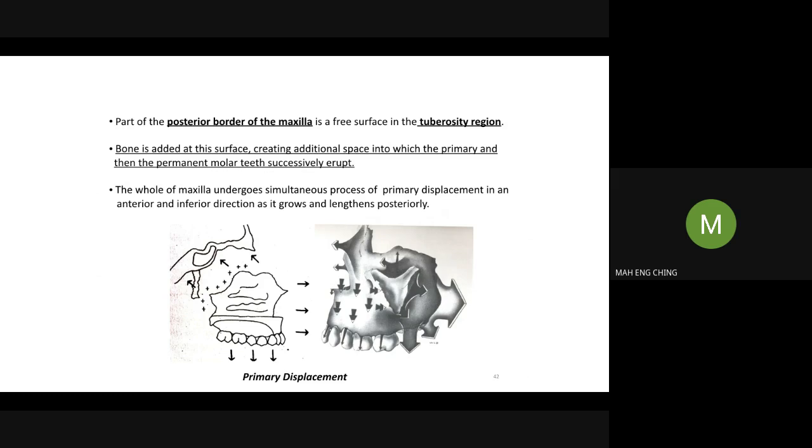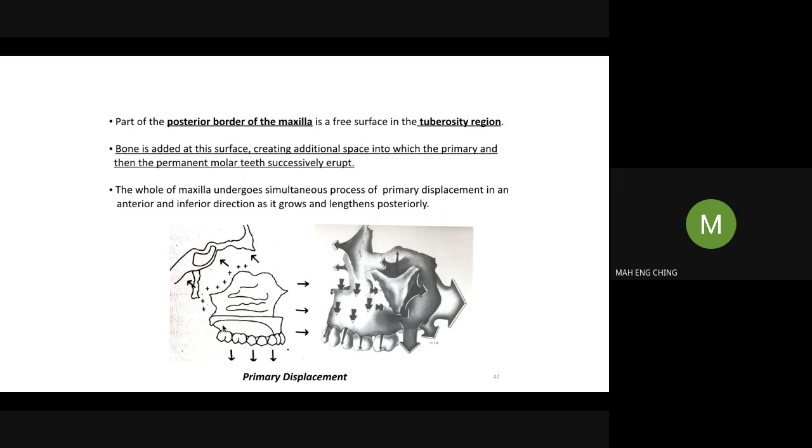Part of the posterior border of the maxilla is a free surface in the tuberosity region. So you see the posterior border of this maxilla, which is a free surface or tuberosity region. Bone is added at this surface, creating additional space into which the primary and then the permanent molar teeth successively erupt. So you see this back area is called the tuberosity.